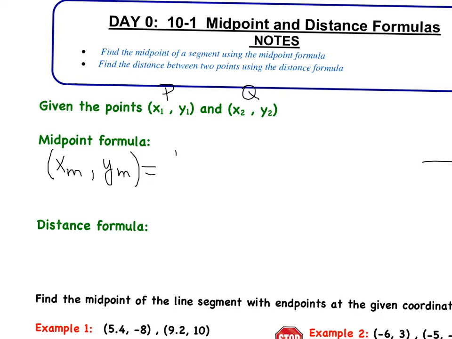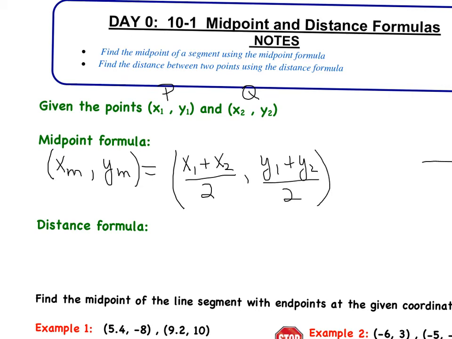That equals x1 plus x2 divided by 2. That will give us the x-coordinate of our midpoint. Our y-coordinate is y1 plus y2 divided by 2.